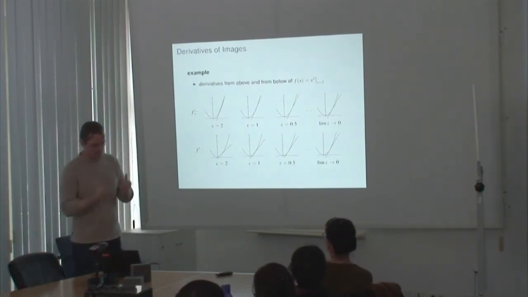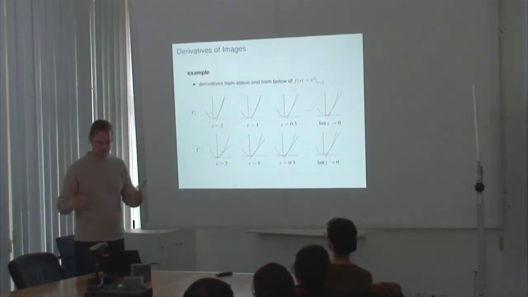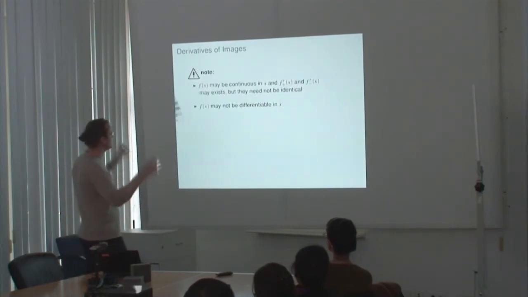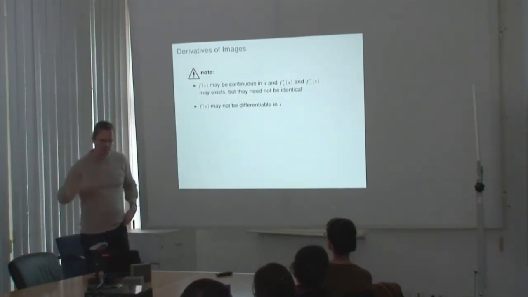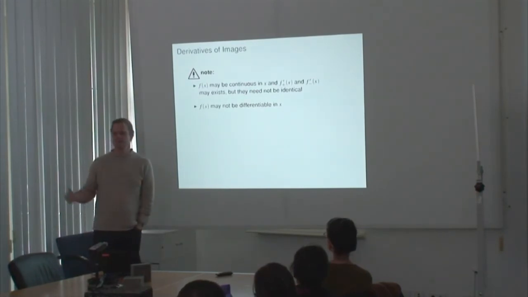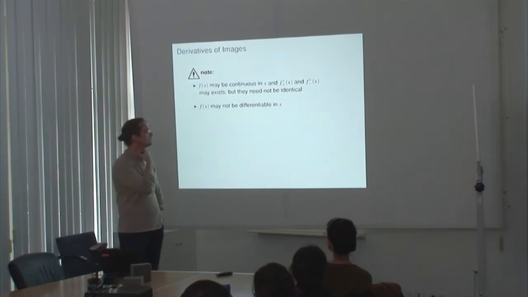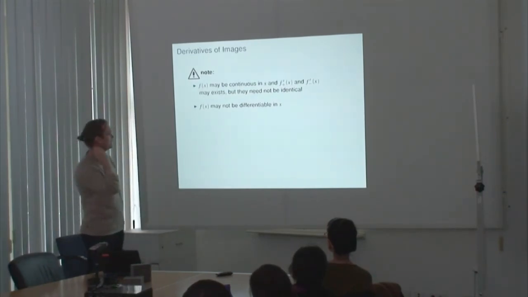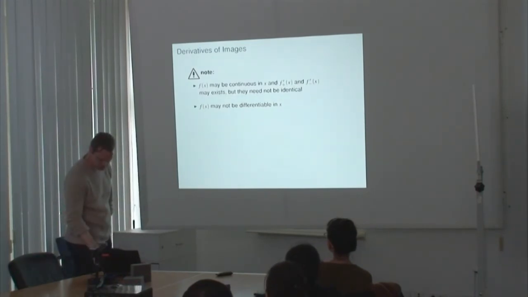Which is another way of saying that at every point of x squared, the derivative from below and above do coincide. Does not have to be the case. There are many, many functions f of x that are not necessarily differentiable in any point, because sometimes the derivative from above and below are not identical. So f may not necessarily be differentiable.